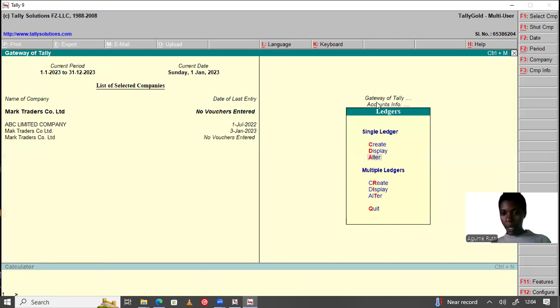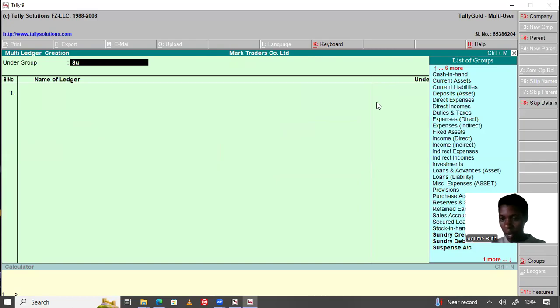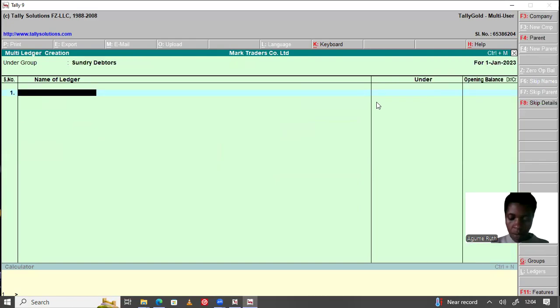So I go back, then I use multiple here. So in multiple, I want to first put in companies, customers, and those are the sundry debtors. Then the first one is traders, and the opening balance is 3 million.